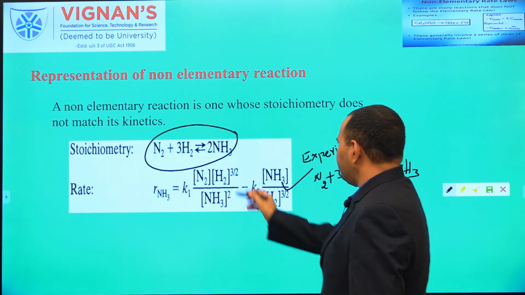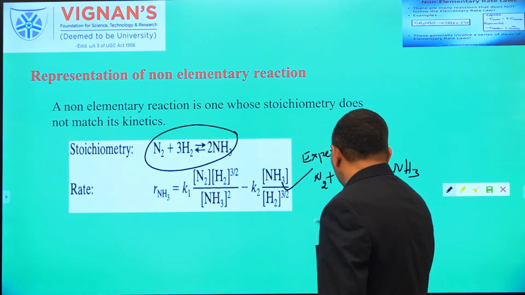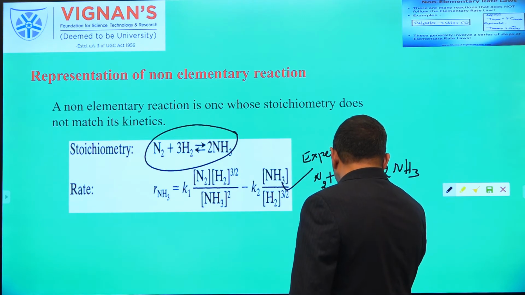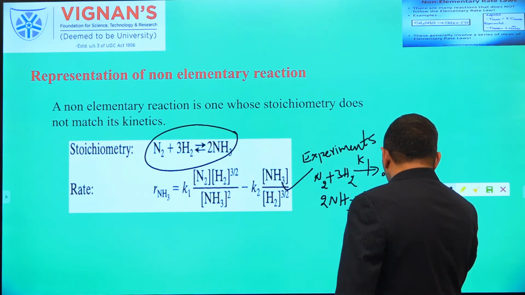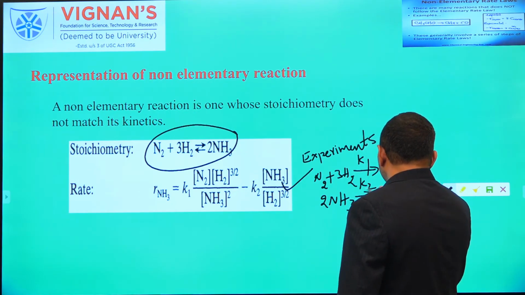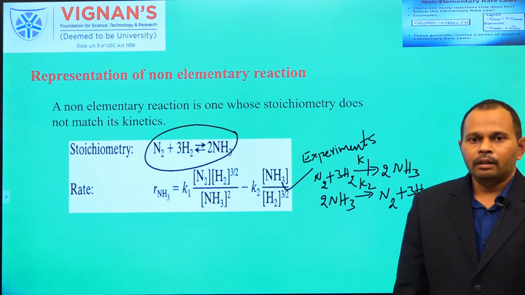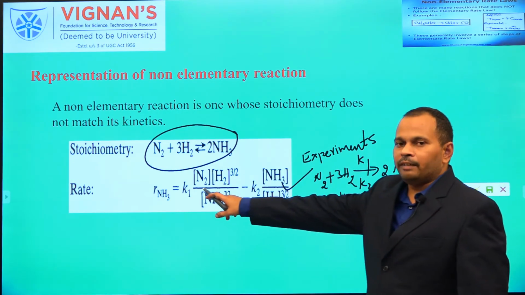The backward reaction is 2NH3 converting back to N2 and H2. Write this as 2NH3 giving N2 plus 3H2. Assume that this reaction takes place with rate constant K2. So, based on this, here we have the experimental rate for the formation of ammonia.